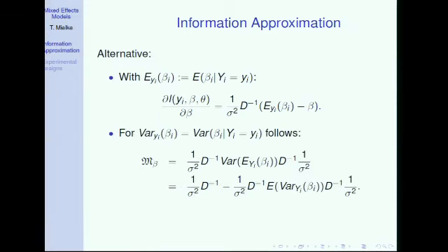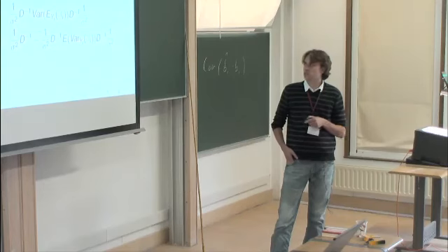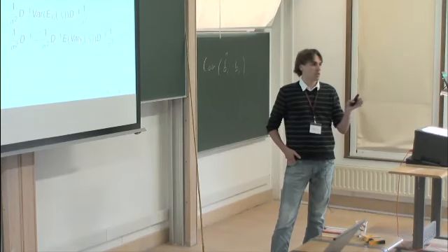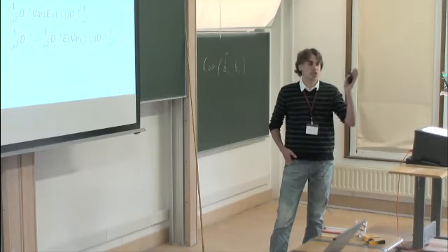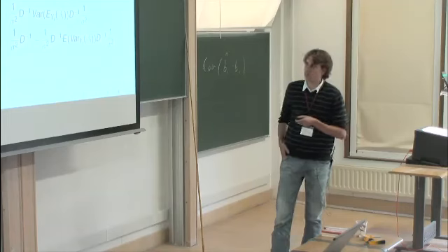And this then yields for the information matrix these representations in conditional moments. The first readily follows from the product of the score functions, and the second is a consequence of the equality that the variance of beta I is equal to the expectation of the variance plus the variance of the expectation of beta I.